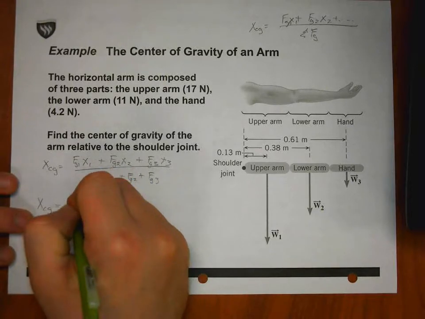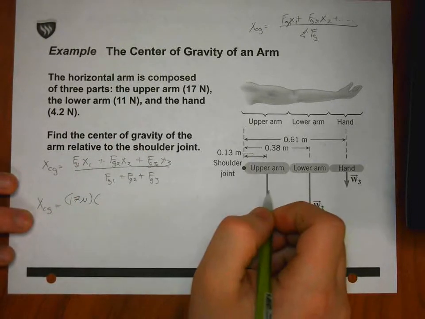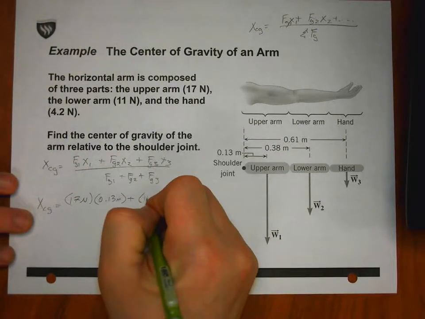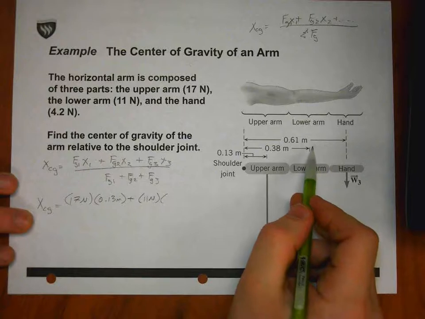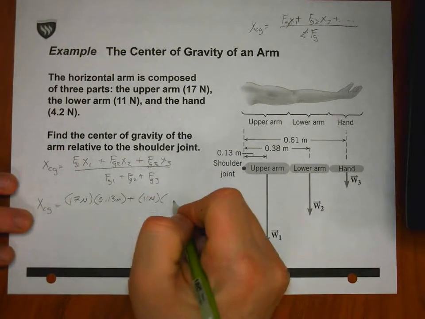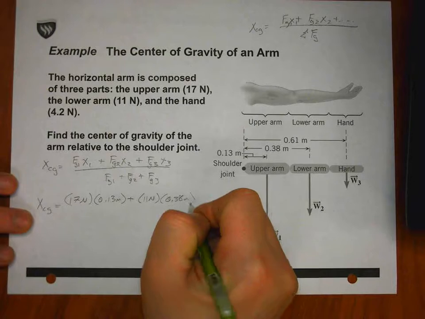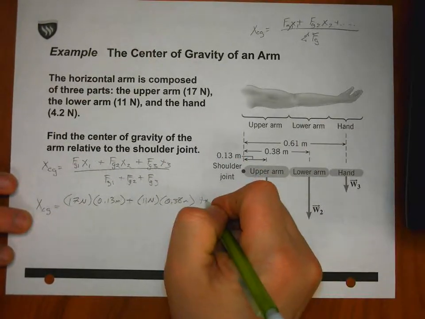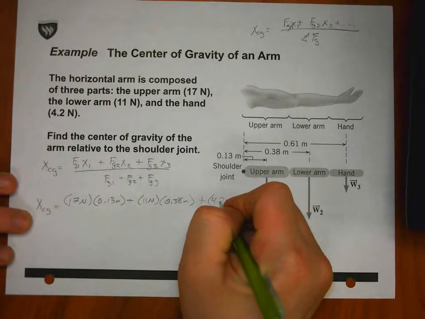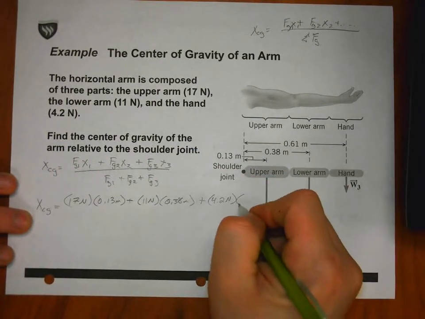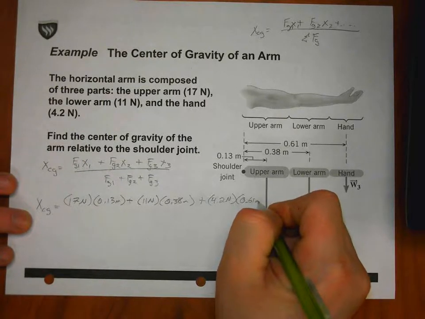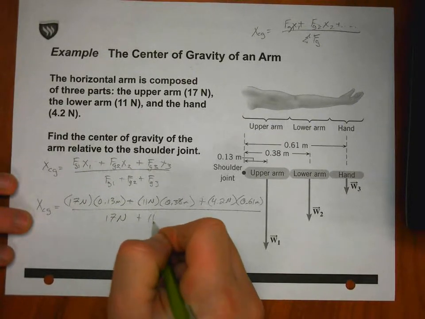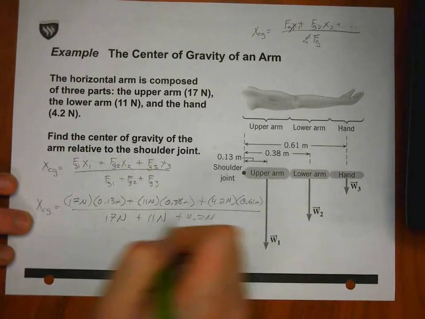So x_CG is equal to Fg1, which is 17 newtons, times x1, which is 0.13 meters, plus Fg2, 11 newtons, times the distance to that point, which is 0.38 meters, plus 4.2 newtons times 0.61 meters, all over the total weight, which is 17 newtons plus 11 newtons plus 4.2 newtons.